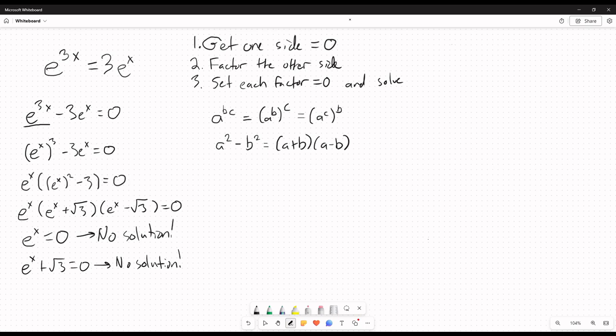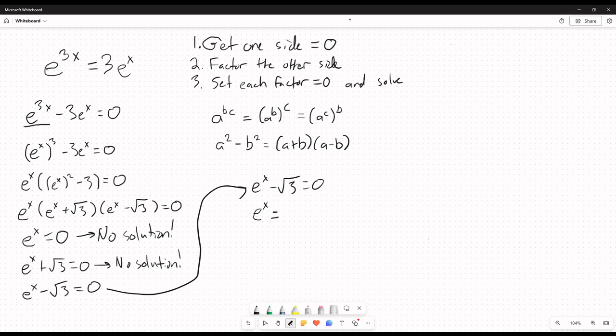But have no fear, we do have at least one solution here. That's going to come from e to the x minus square root of 3 equals 0. So let's go ahead and move that over here. For this kind of equation, you'll want to get e to the power of something, or something to the power of something, on one side, and hopefully just a constant on the other.